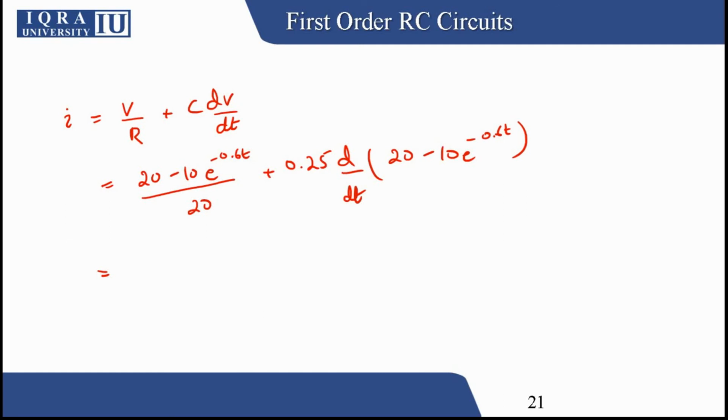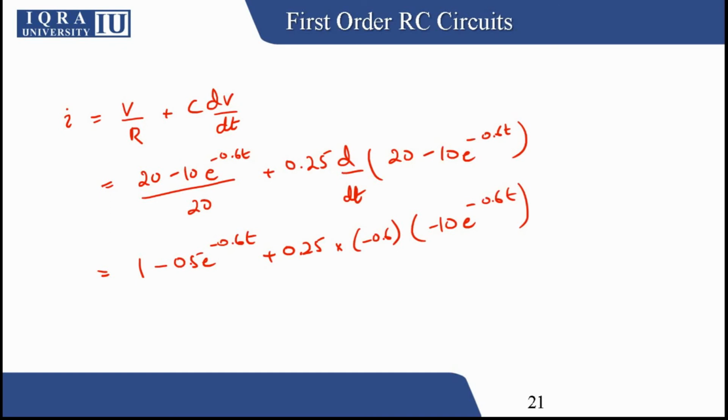So if we solve it, this becomes 1 minus 0.5 e power minus 0.6t plus 0.25 times the derivative. The 20 becomes a constant, so it becomes null and void. The minus 0.6 comes out, and the derivative of t is 1, and this becomes minus 10 e power minus 0.6t.